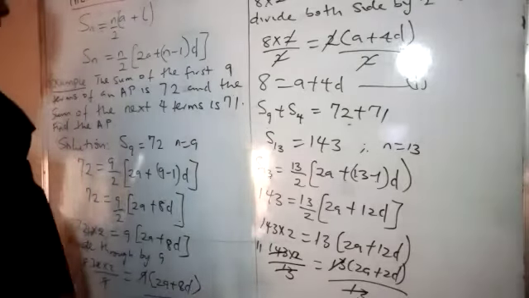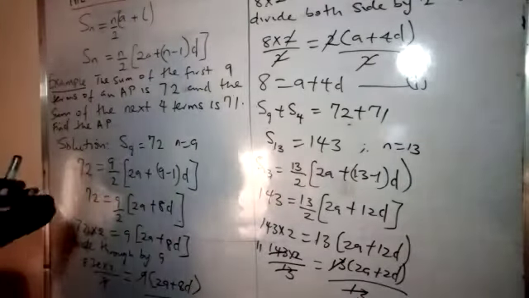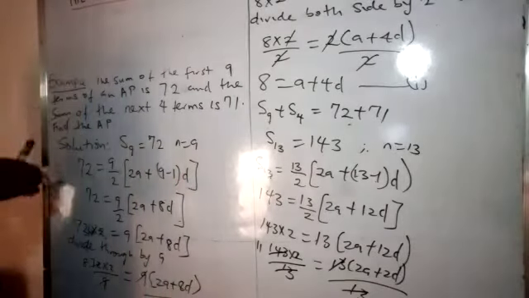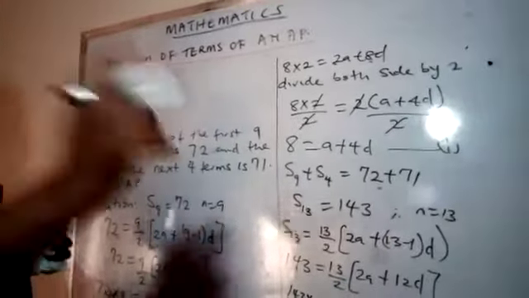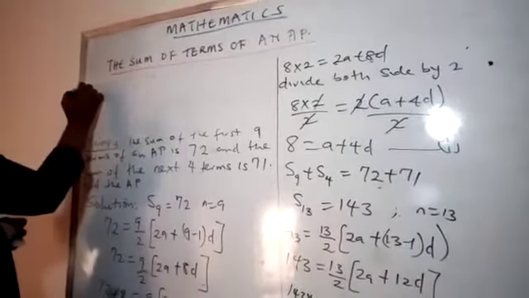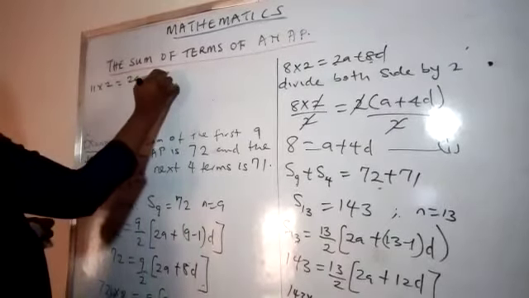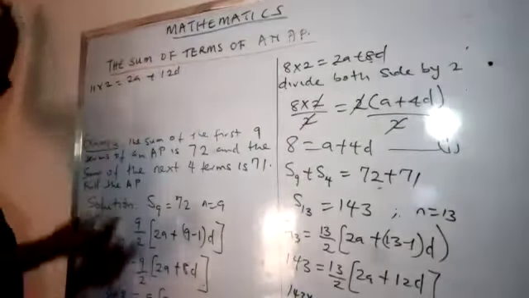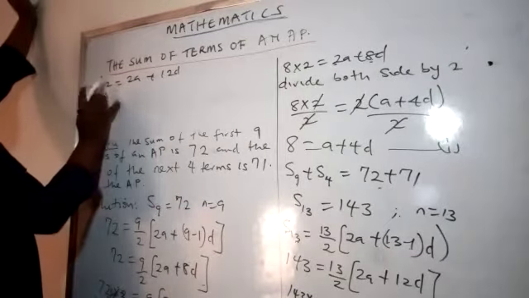So let me clean this side. I believe you have this in your notes now. So I have 11 times 2 equals 2a plus 12d. Now, I can see that I can factorize again.